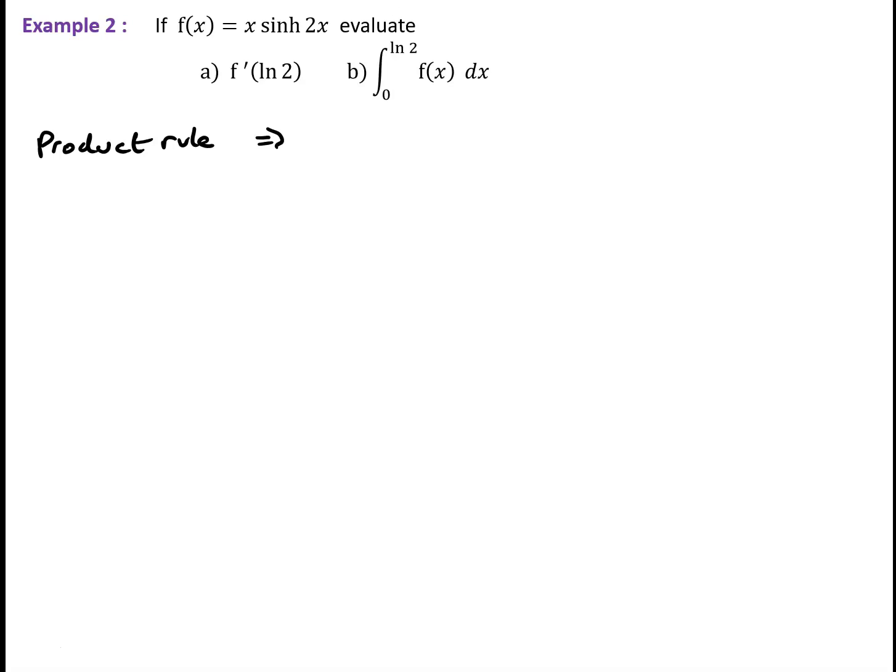So using the product rule, we've got f dash x is going to be 1 times sine 2x plus x times the derivative of sine 2x, which is 2 cos 2x.